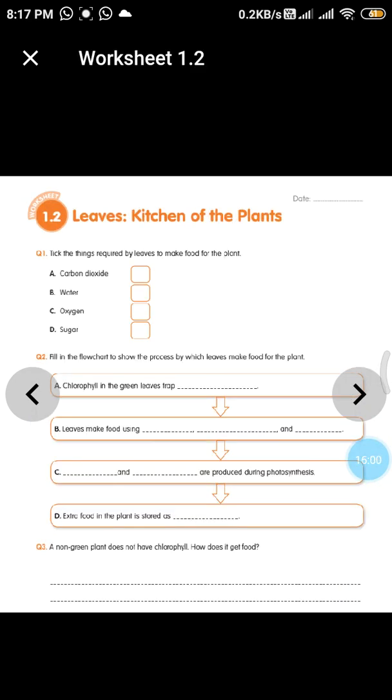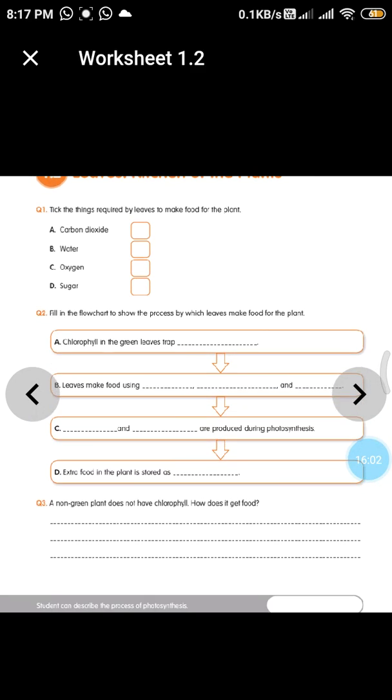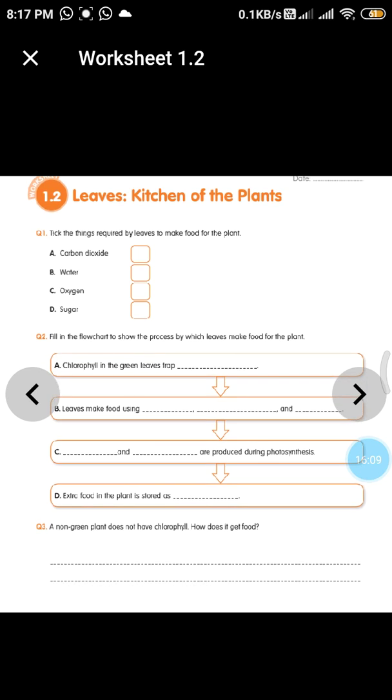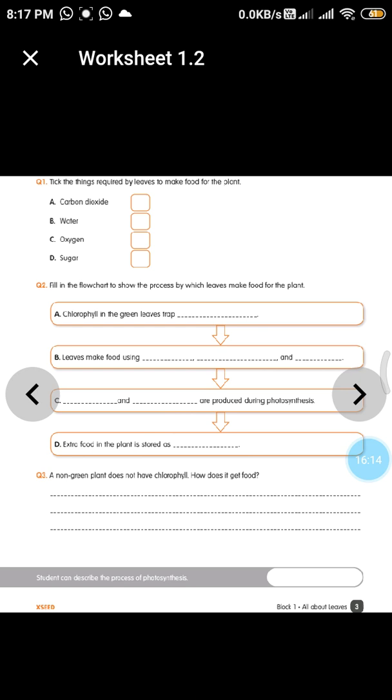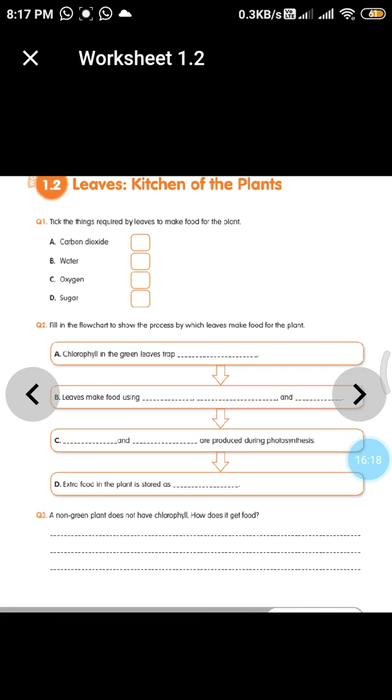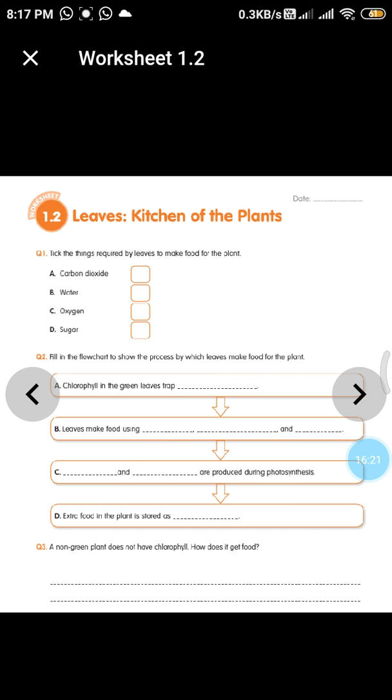Based on the activity, the tabular column about how the materials are helping photosynthesis you can write, and based on your understanding complete 1.2 exercise and content book 3 questions which are given, and you also go through the video and find out how the structure of stomata in the leaves is helping. This is all you learned in today's class, children. Go through the video and complete your worksheet and content book questions. Thank you.